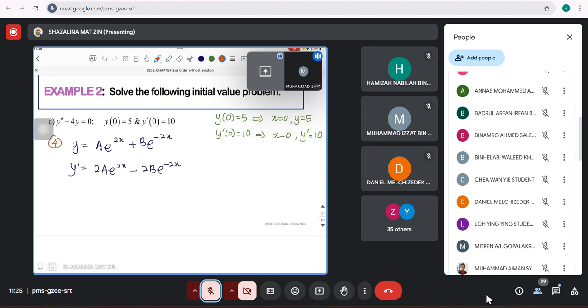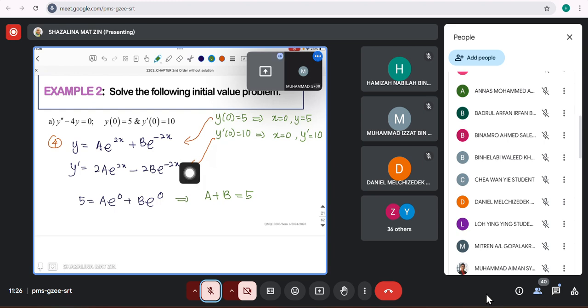Substitute condition 1 in y and condition 2 in y prime. When you substitute, we get 5 equals a e^0 plus b e^0. Replacing 2 times 0 and negative 2 times 0 gives 0, or it can be written as a plus b equals 5.